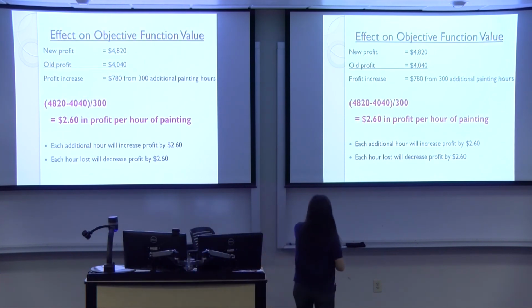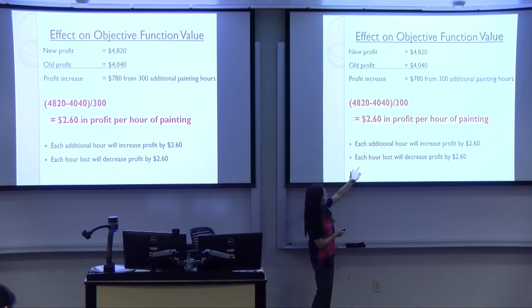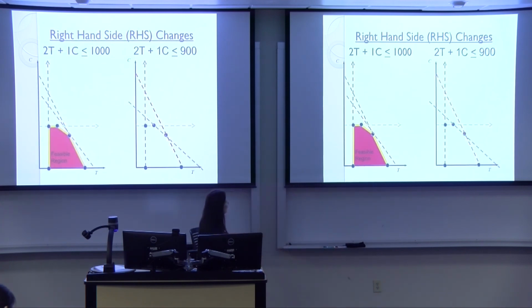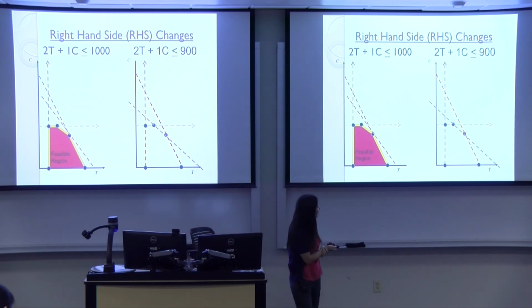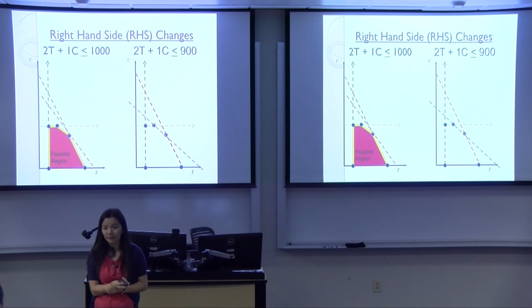This is how we calculate it: this is the profit increase, and that's the additional hour increase. Also, if you lose one hour, you will decrease the profit by $2.60. But how about if I decrease my painting hours to 900 hours? Do you think your profit will decrease? It must, right? But you want to know how much I'm losing.